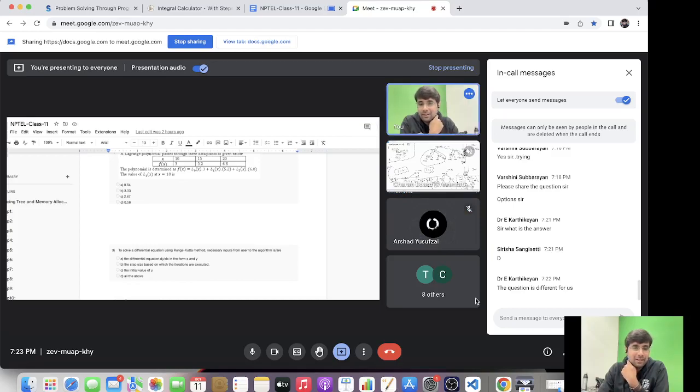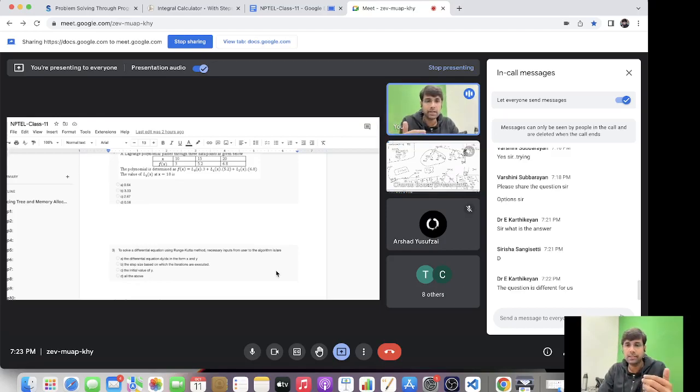So the option is D for the third question, because you need all the values. The initial value of y you need to have, and the step based on which the iterations are executed. You can go through Professor Basu's class again to revise this question.